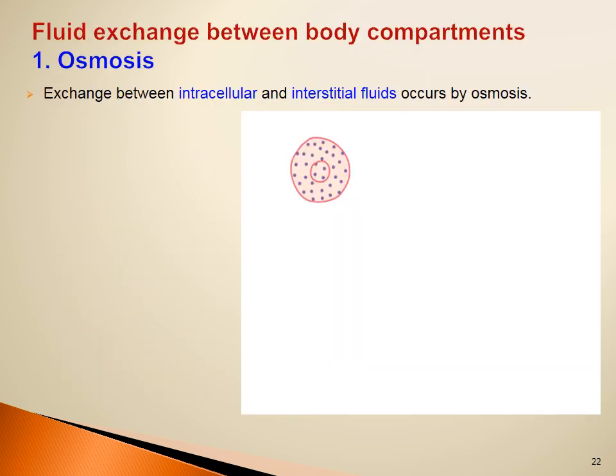As I mentioned in one of the previous slides, water is exchanged between the intracellular fluid and the interstitial fluid by osmosis, while water is exchanged between the plasma and the interstitial fluid by filtration and reabsorption. So let's talk about the exchange of water between intracellular and interstitial fluid by osmosis.